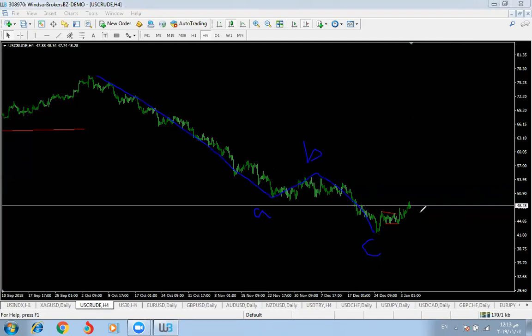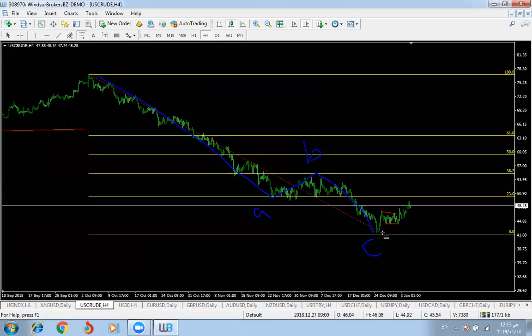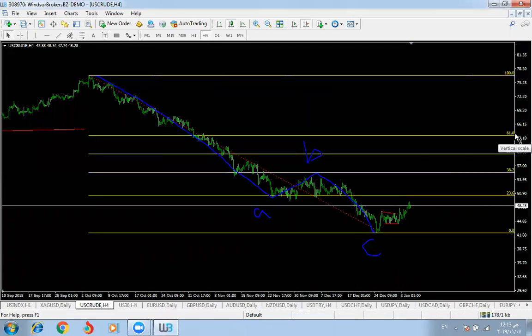So we are expecting this wave to be, since we have begun this wave ABC, a flat. So we are expecting a regular flat, running flat, or expanded flat. In all cases, the price has to be pushed to the upside up to 61.8 of this movement, or even higher.